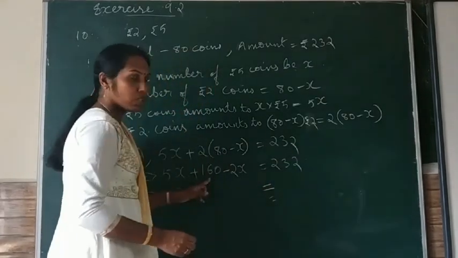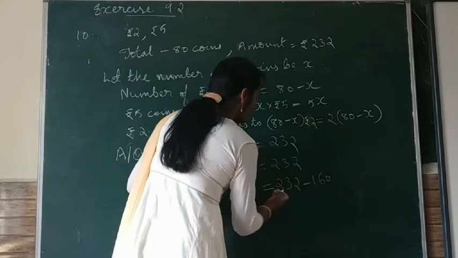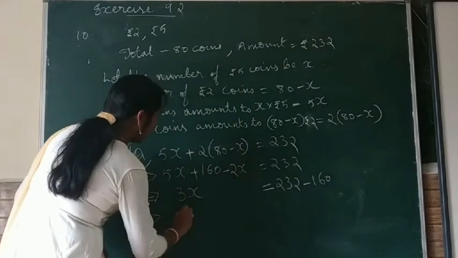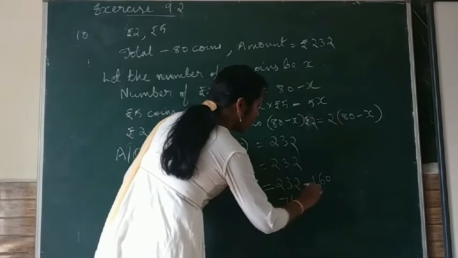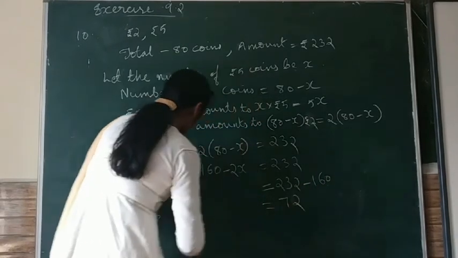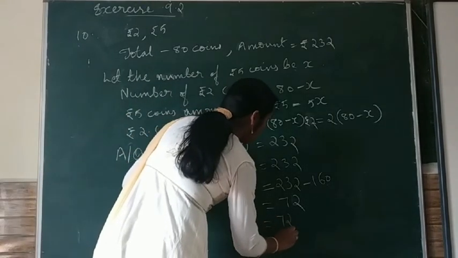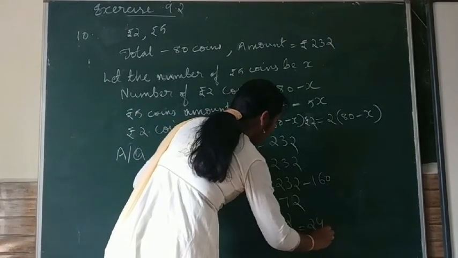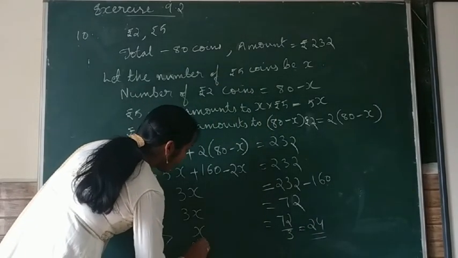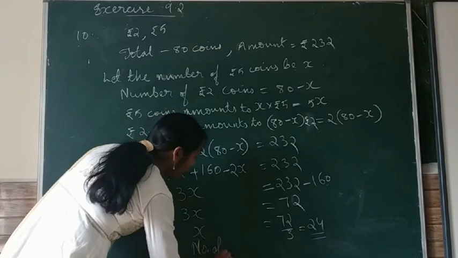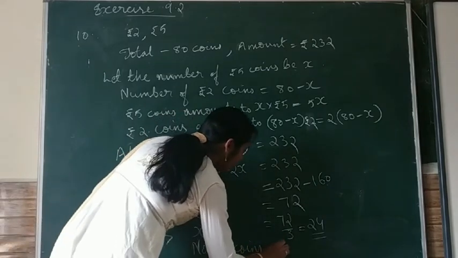By the rule of transposition, that is 232 minus 160, which implies 3x is equal to 72, which implies x is equal to 72 by 3 is equal to 24. So there were 24 rupees 5 coins. Number of rupees 5 coins is equal to 24.